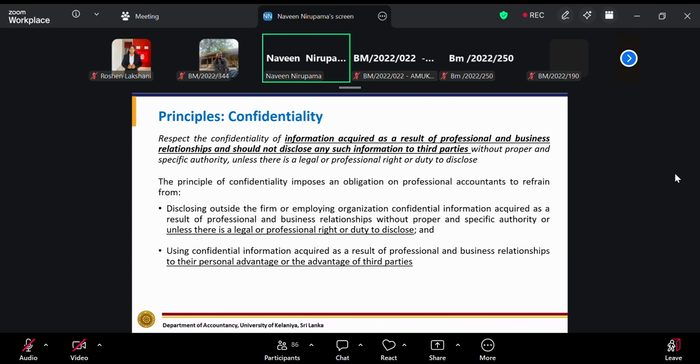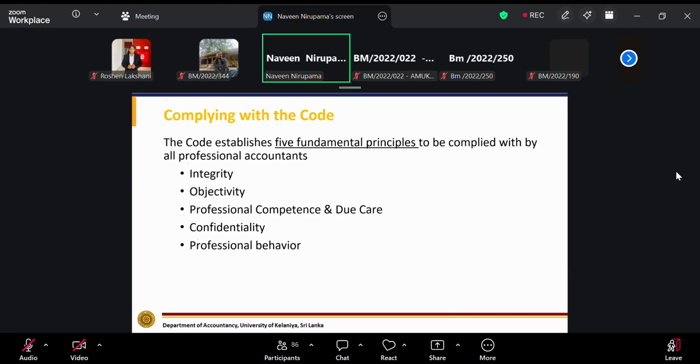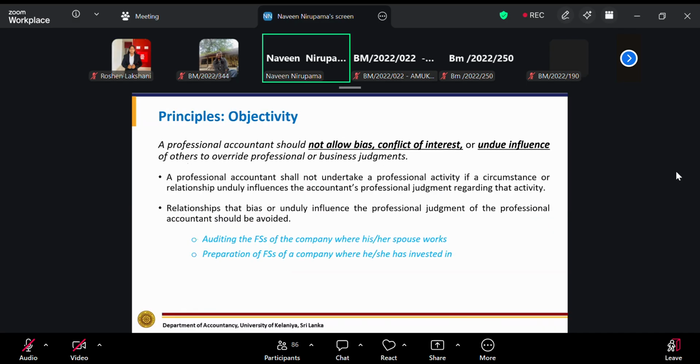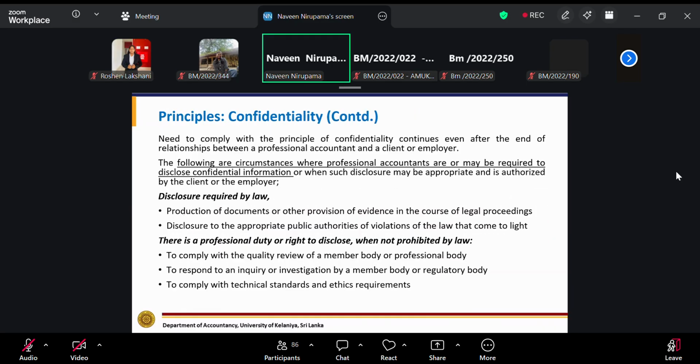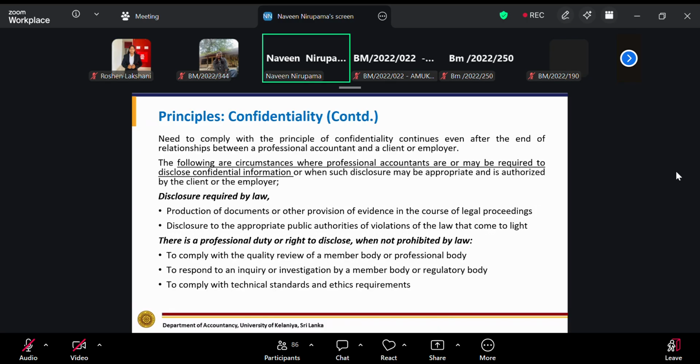Up to now we have discussed 4 principles: integrity, objectivity, professional competence and due care, and confidentiality. Before moving to the last one, you can see further that the need to comply with the principle of confidentiality continues even after the end of the relationship between the professional accountant and the client or employer.